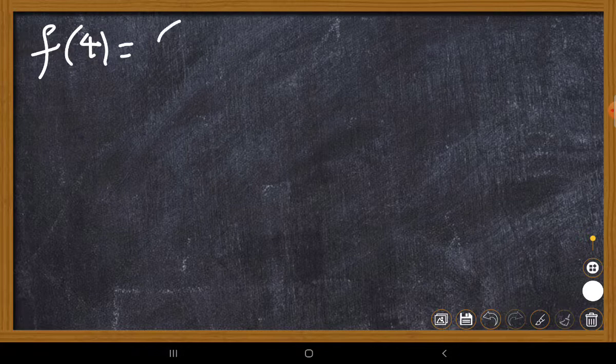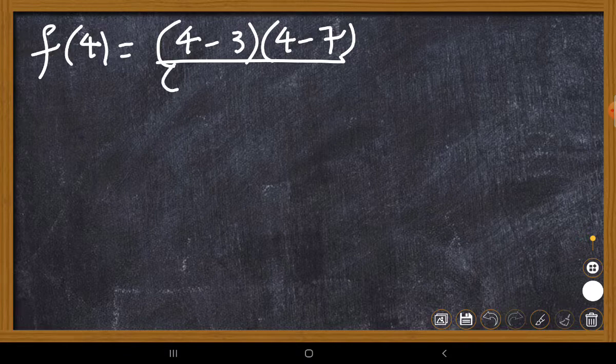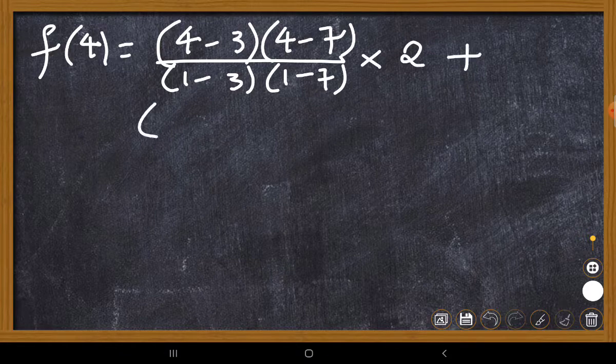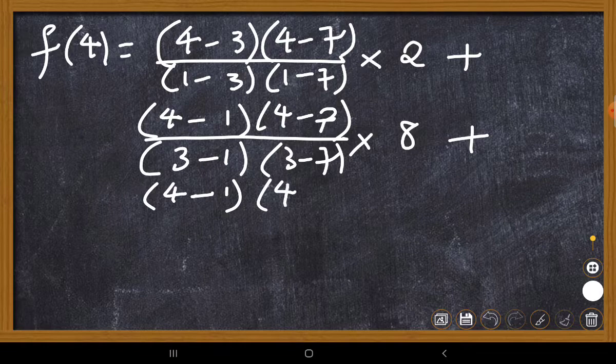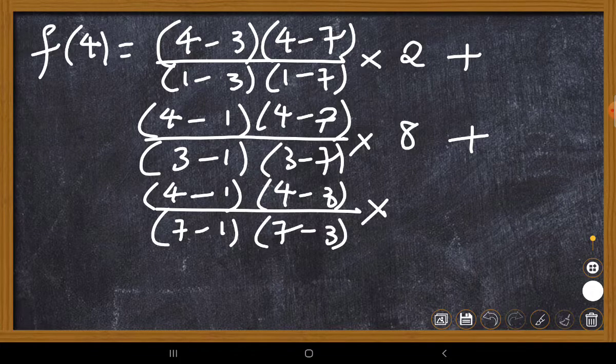Since we have to find for x equal 4, it will be 4 minus 3, 4 minus 7, divided by 1 minus 3, 1 minus 7, and then y0 is 2, plus 4 minus 1, 4 minus 7, divided by 3 minus 1, 3 minus 7, and y1 is 8, plus 4 minus 1, 4 minus 3, divided by 7 minus 1, 7 minus 3, into y2, which is 128.